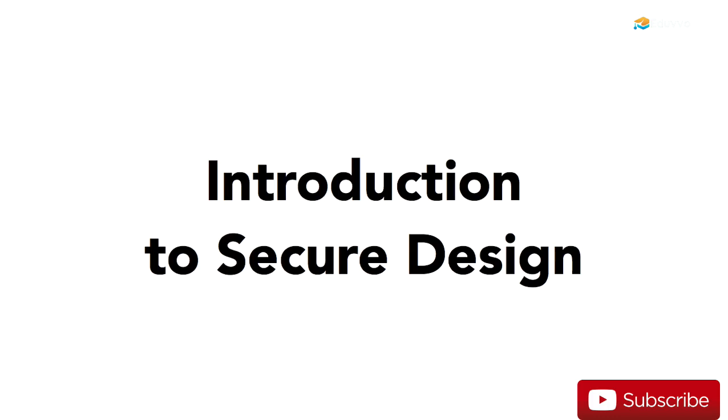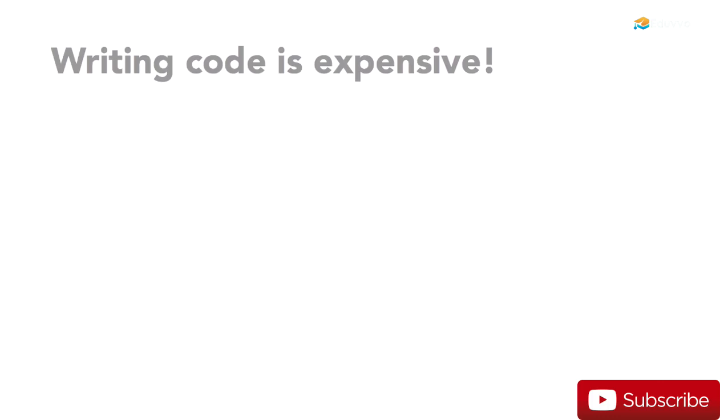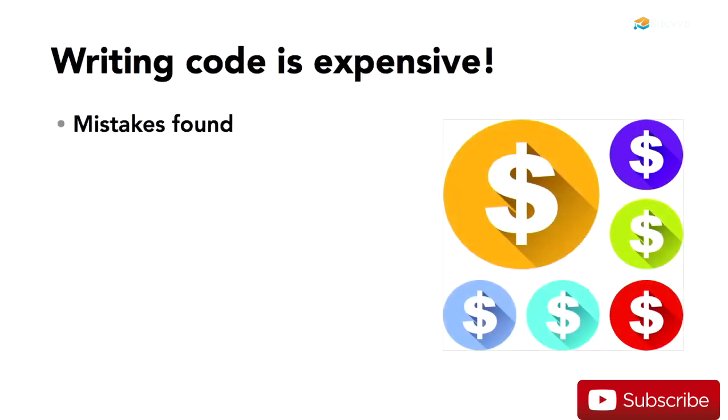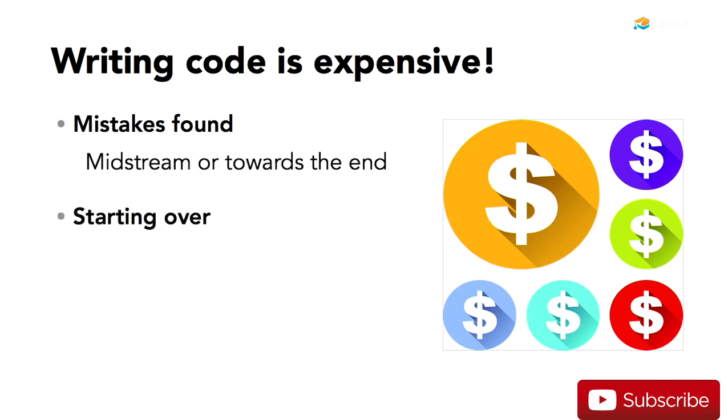Design is an essential element of software engineering. Implementing without a solid design is like jumping out of an airplane without a parachute. Coding is expensive. Once you start writing the code and discover a major mistake midstream or towards the end, it is most likely that you will have to start over.